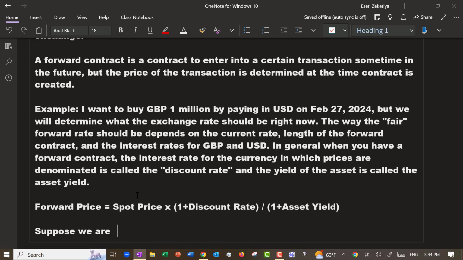Suppose we are talking about a 1 year GBP USD forward contract.